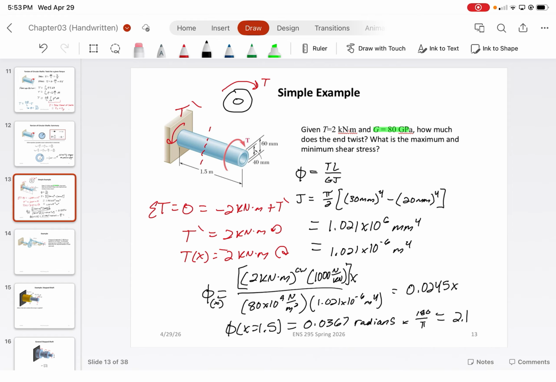And that should just give you roughly 2.1 degrees. Make sense? Any questions about this or the applicability of it? No? All right.